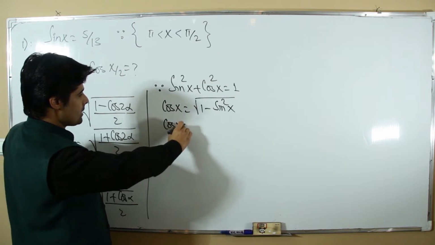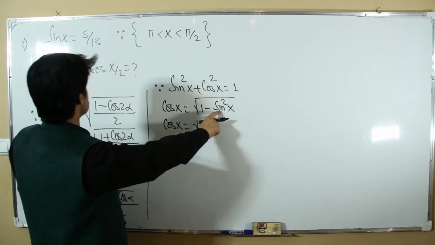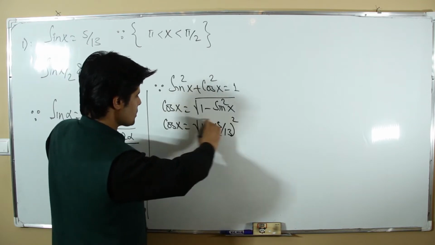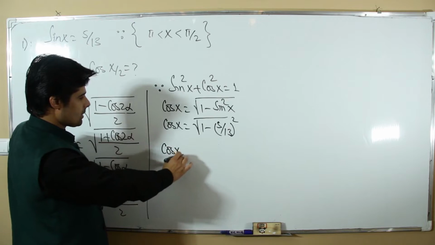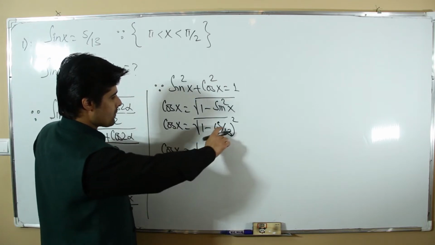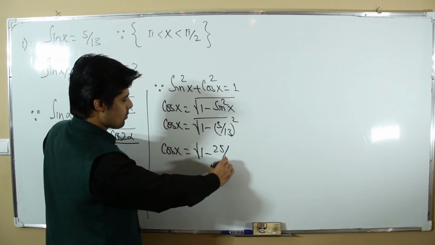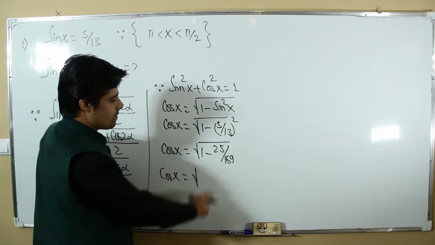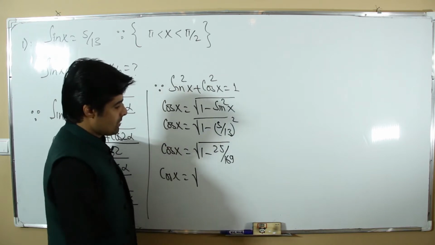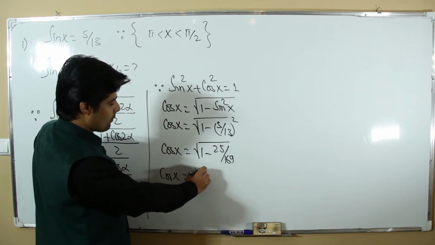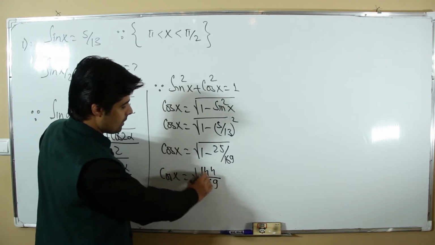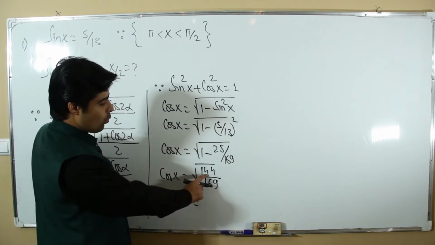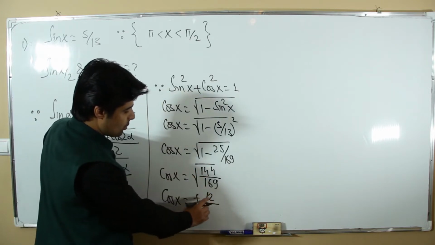So cosine x is equal to root of 1 minus 5 by 13 whole square. Now, cosine x is root of 1 minus 25 by 169, which is 169 minus 25, that is 144, divided by 169. Am I right? Yes. Now cosine of x is plus minus root of 144, which is 12, over root of 169, which is 13.